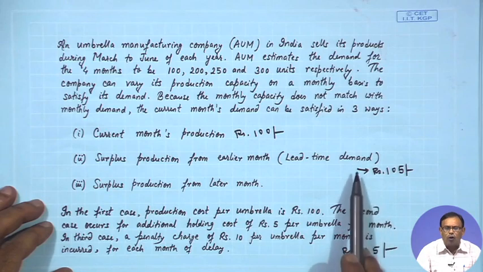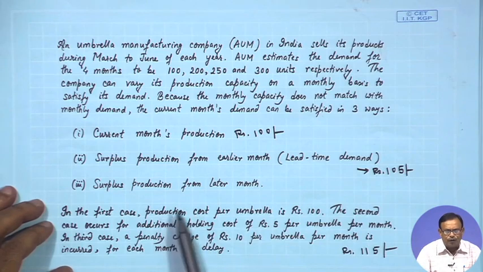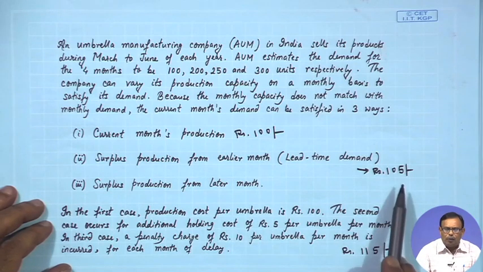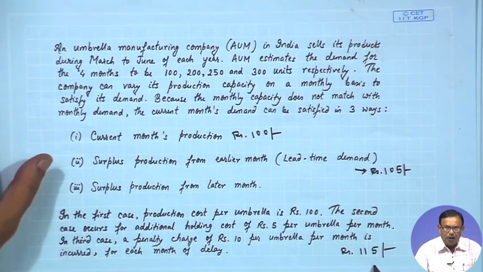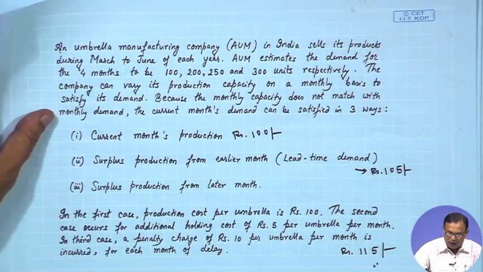So your original cost was 100 and you are adding rupees 5, so the production cost of the umbrella in this case will be 105. Whereas if you are meeting the demand from surplus production for a later month, in that case you have to pay a penalty. Your cost was 100, then 5 since you cannot supply it in the same month, plus 10 the penalty. So the cost or the price is 115.